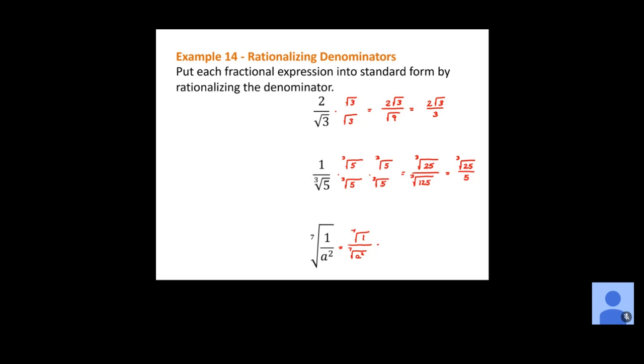I can just look at this and say, well, I've got an a squared. That's 2 a's being multiplied together. I need 7, so I need 5 more. So I'm going to multiply this by the 7th root of a to the 5th. And again, whatever you do to the bottom, you have to do the same thing to the top.